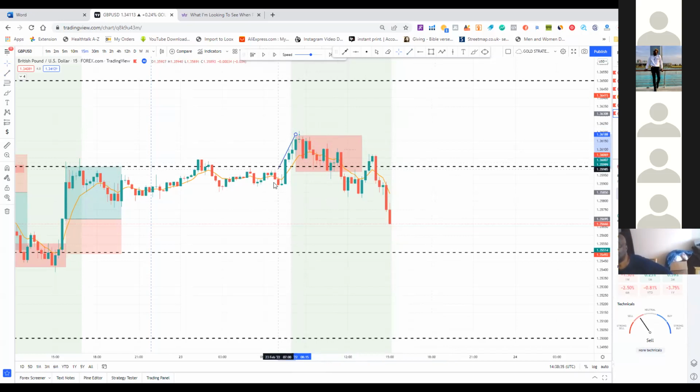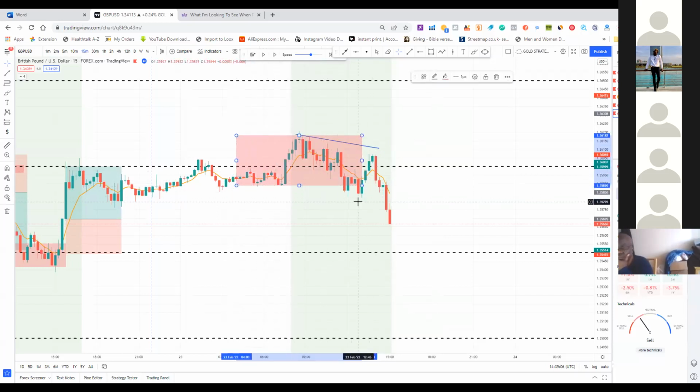You see, price pushed up, higher high, and then it's supposed to create a higher low and then another higher high, but it didn't. So it created a lower low, a higher low, and then created a lower high, and then a lower low, a lower high. So you see, it has changed pattern. Structure has changed. And then it broke structure here. Structure broken. And then came back to retest that line before it started dropping.